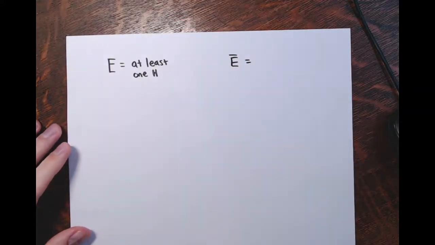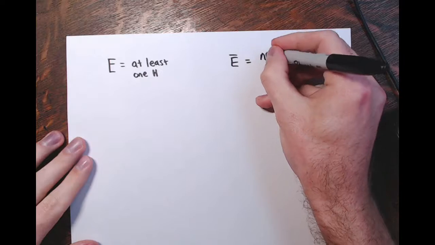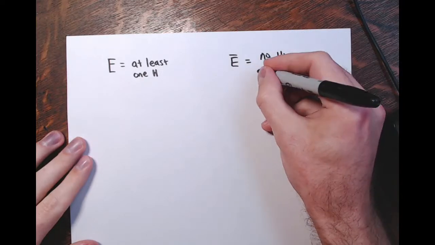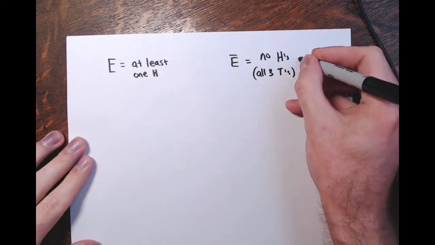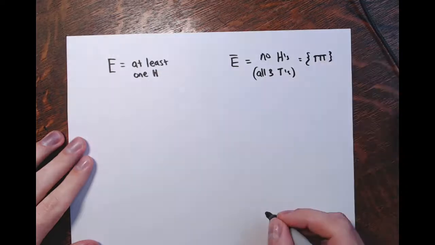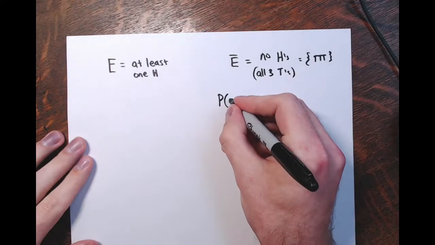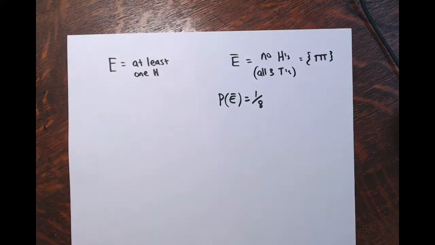Well, the opposite of one or more heads, that's at least one, is no heads. No H's. Or, in other words, all 3 are tails, right? This is just the set with the outcome tails, tails, tails. So the probability of this is 1/8. Remember that when you flip a fair coin 3 times, there were 8 possible outcomes.